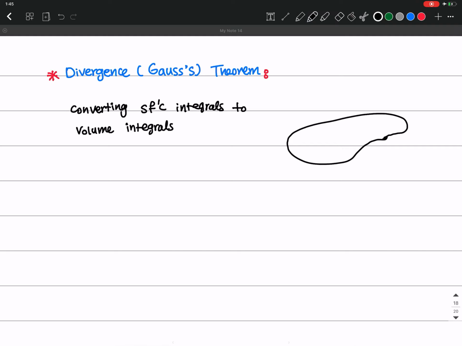Okay, so here, say you have a surface, a control volume that looks like this.